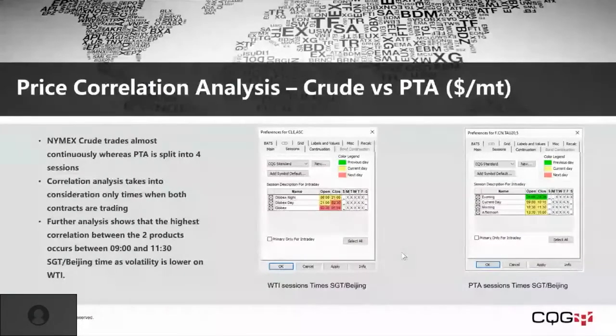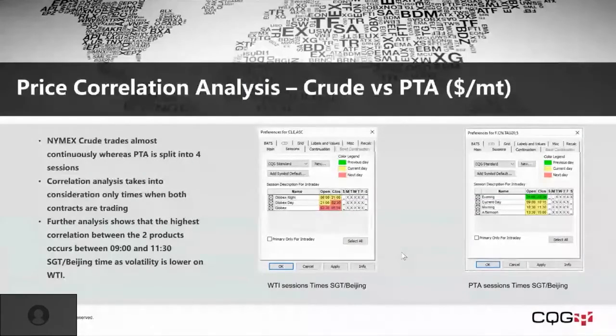So we can see that there are slightly longer periods of time on the TA side between 9 p.m. and 11:30 p.m. So that's the longest session for it. The morning, the afternoon, and the third session for TA are slightly shorter, but they are actually quite interesting.